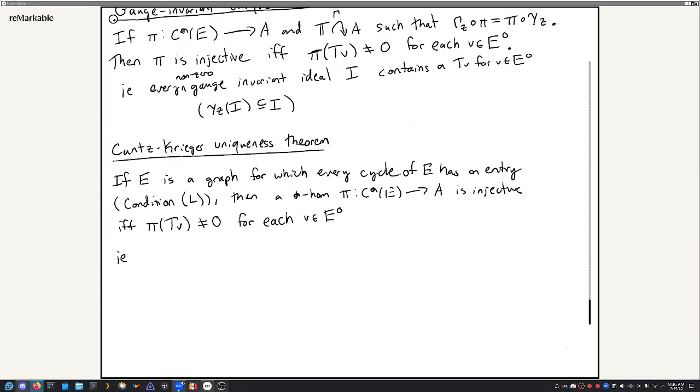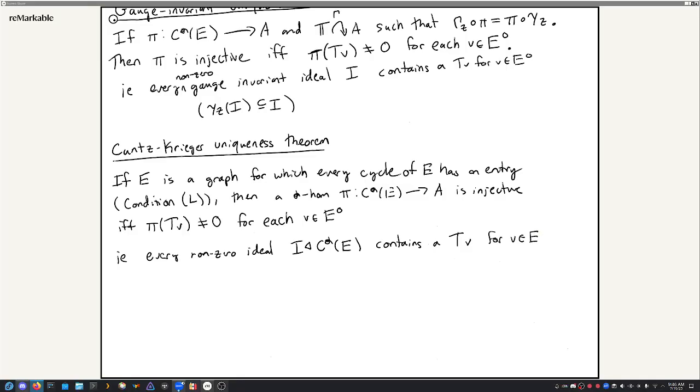In other words, every non-zero ideal in the graph C-star algebra contains one of these vertex projections. Again, very unexpected for a general universal C-star algebra.